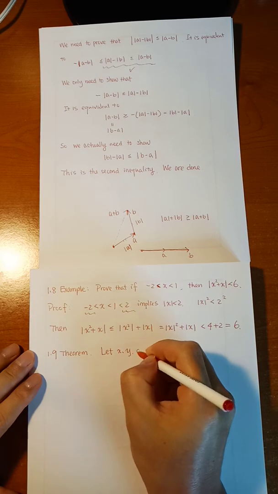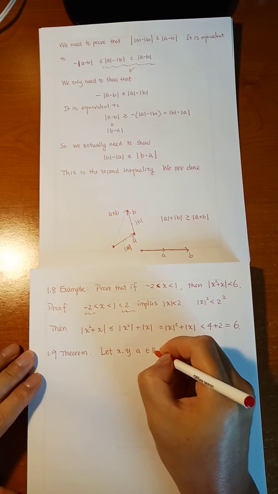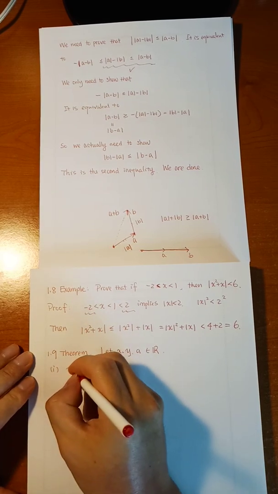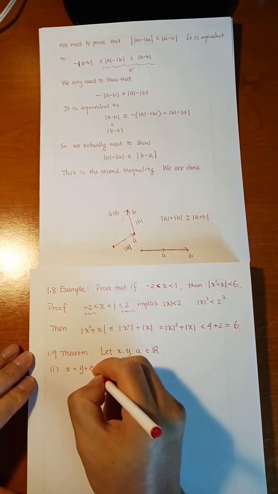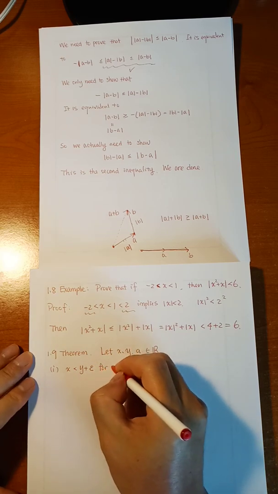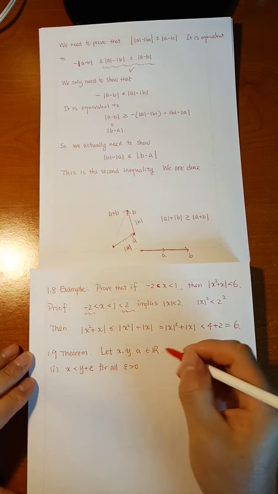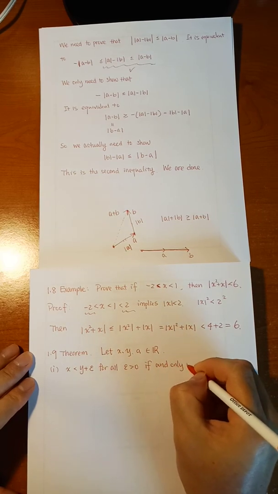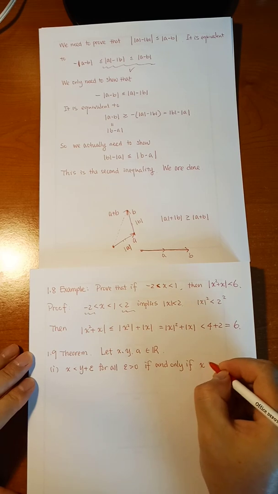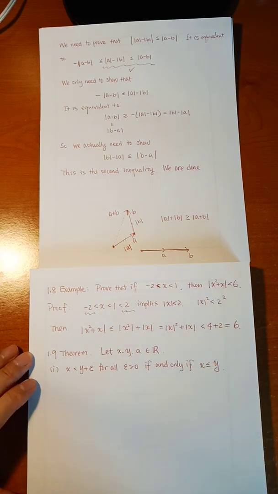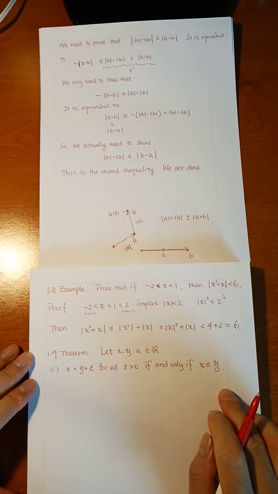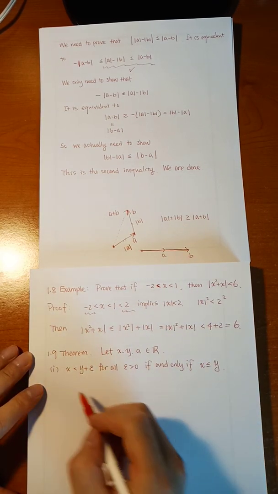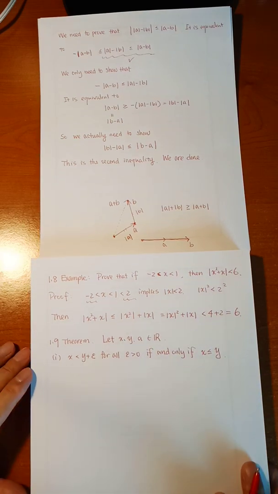let x, y, a be real numbers. One, x is less than y plus epsilon for all epsilon greater than 0, if and only if x is less than or equal to y. So this is a very, very useful strategy.